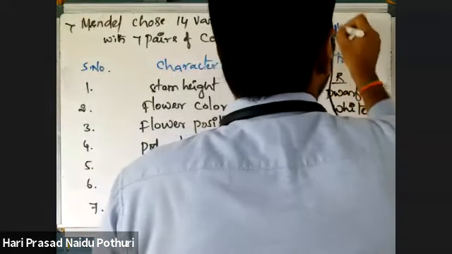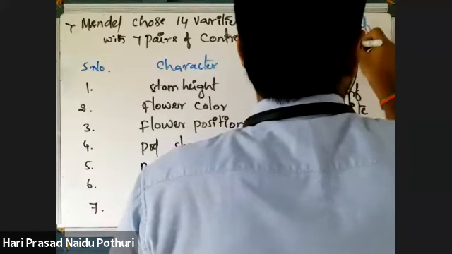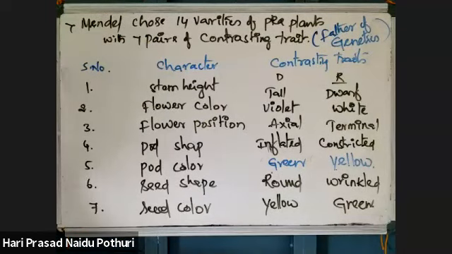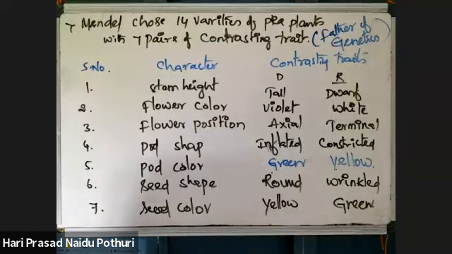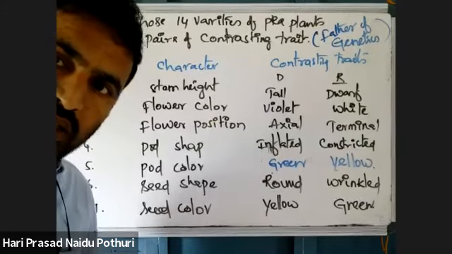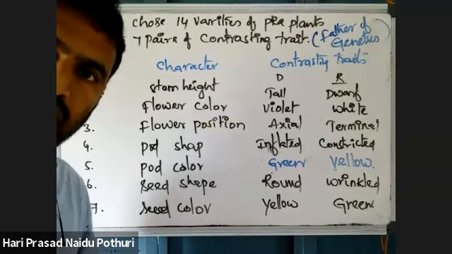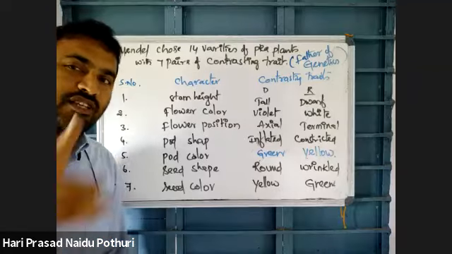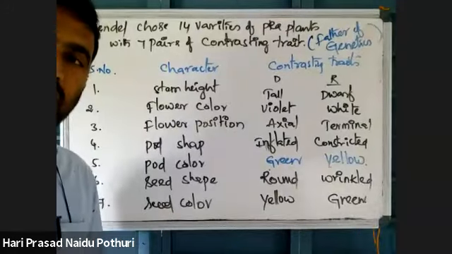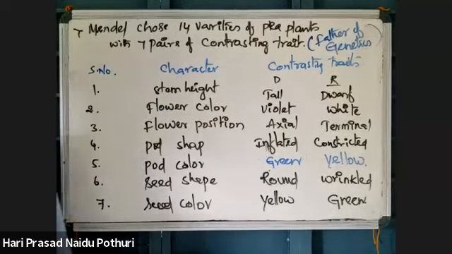Concepts of gene were not there. The gene concept I already covered in molecular basis of inheritance: one gene one enzyme, one gene one protein, one gene one character, everything.